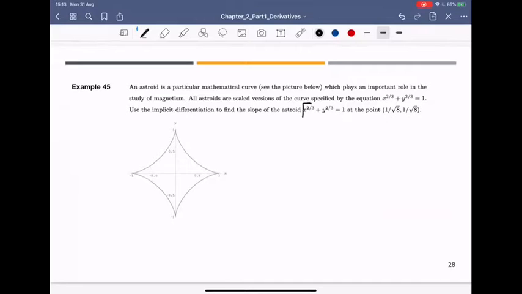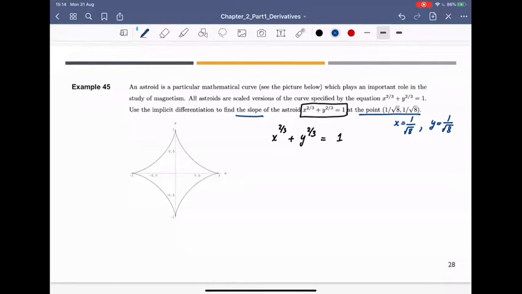This is the equation of the asteroid. I want to find the derivative, which is the slope, at the point x equal to 1 over square root 8 and y equal to 1 over square root 8.